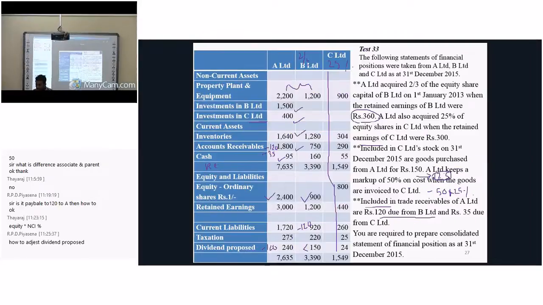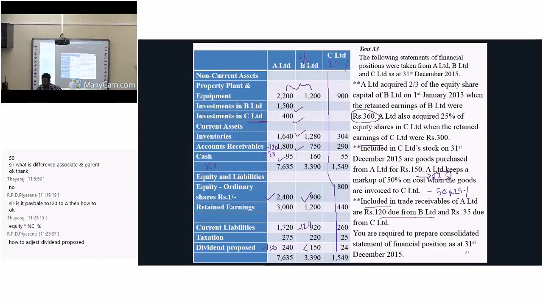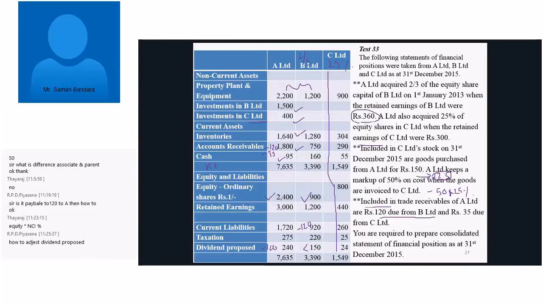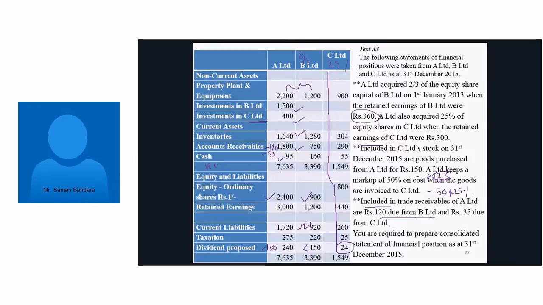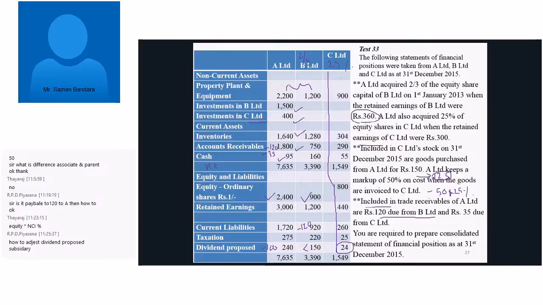I'm not sure whether you are referring to the associate's dividend proposed or the subsidiary's dividend proposed. PSN, is it the associate C limited or the subsidiary? Yeah, right, fine. Subsidiary's dividend proposed. You take it like this.